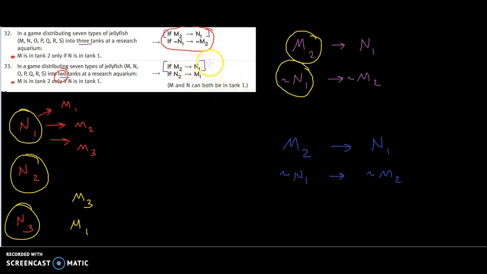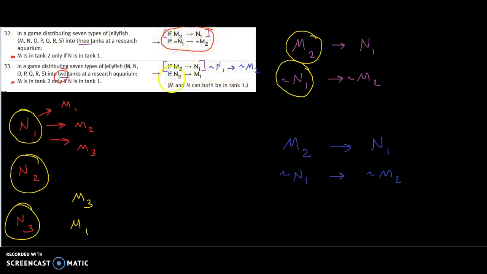I don't know why they did not put the contrapositive in here. That is always a valid deduction to make following some initial deduction. So they should have put that in there. We have M2 to N1, and therefore not N1, just like the first game.